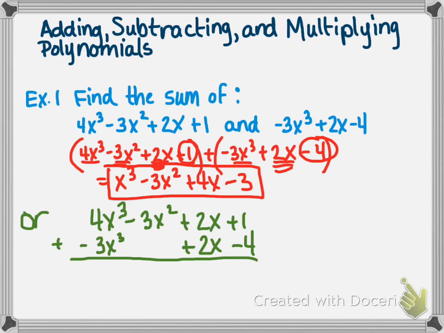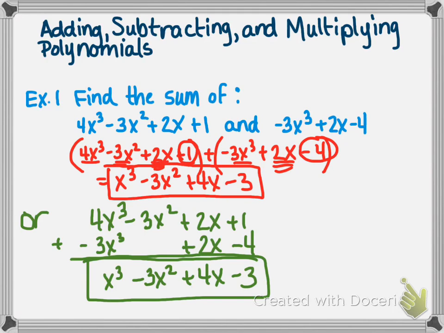So now just combine the like terms that you've lined up. So we've got 4x cubed and negative 3x cubed, that's 1x cubed. The negative 3x squared comes down, 2x plus 2x is 4x, 1 plus negative 4 is negative 3. So we have the same answer. You can add them in whichever format you choose.